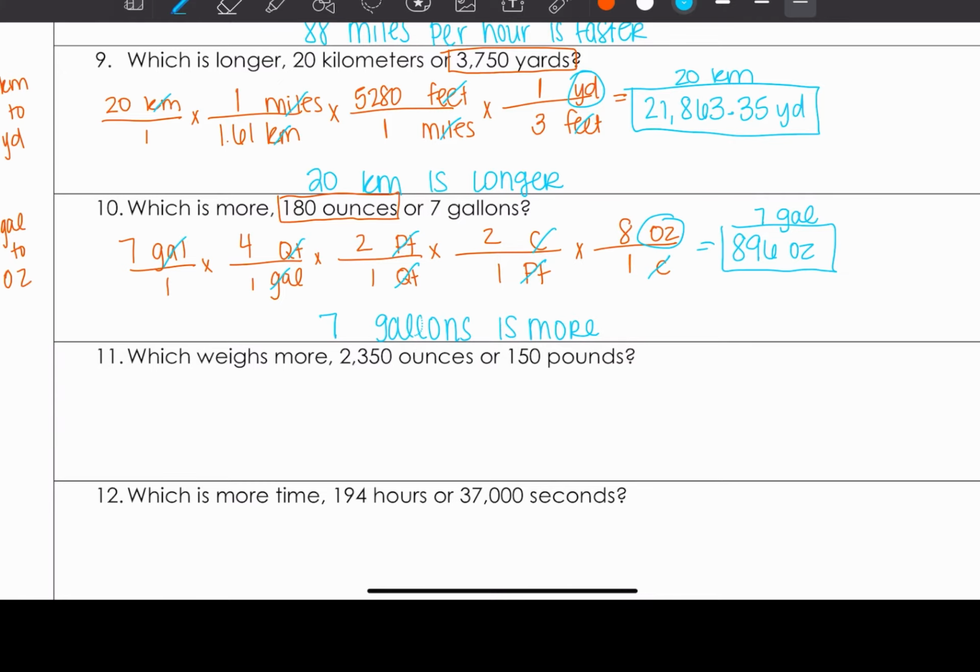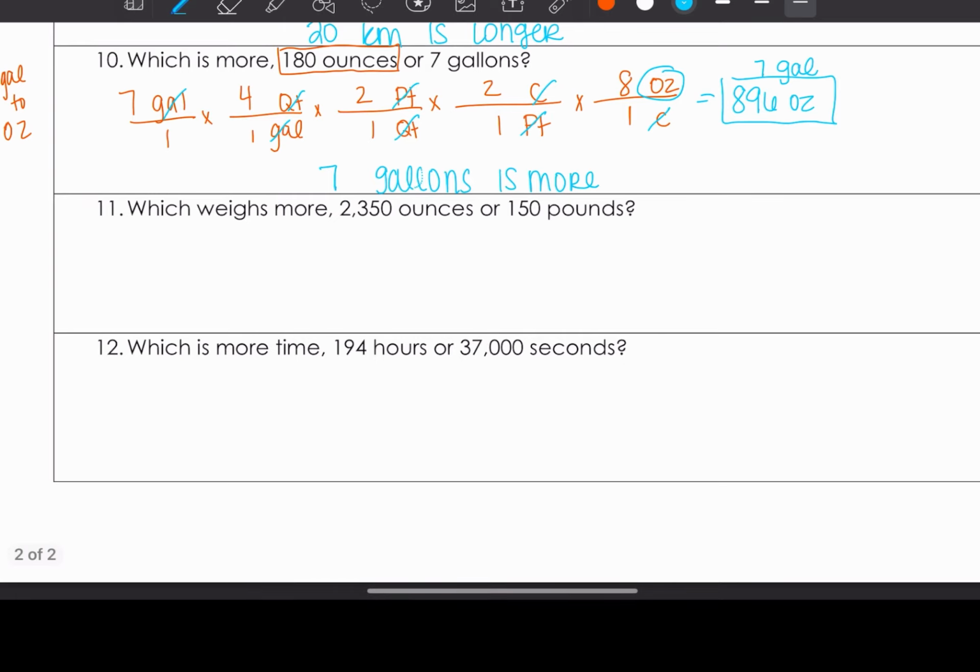Number 11, which weighs more? 2,350 ounces or 150 pounds. For this one, we're going to change ounces to pounds. So we're keeping this and we're changing this. And we know that there are 16 ounces in 1 pound.